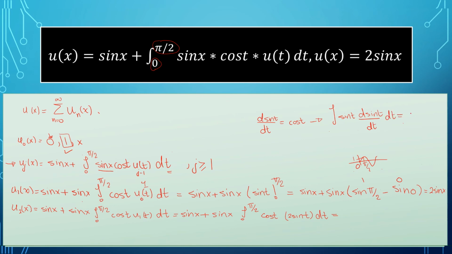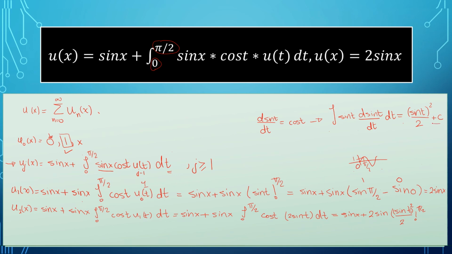And this will give us, according to the integrations rule, sine t squared over 2 plus c. Okay, so what we can write here is sine x plus 2 outside, sine x multiplied by the answer, which is sine t squared over 2, and this is from 0 to pi over 2.